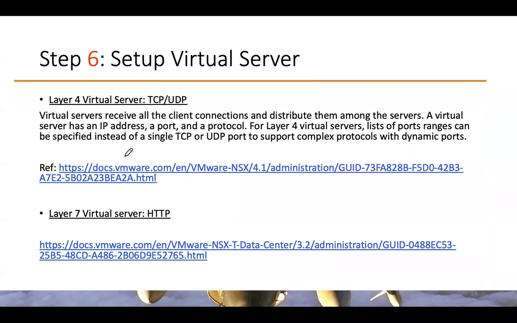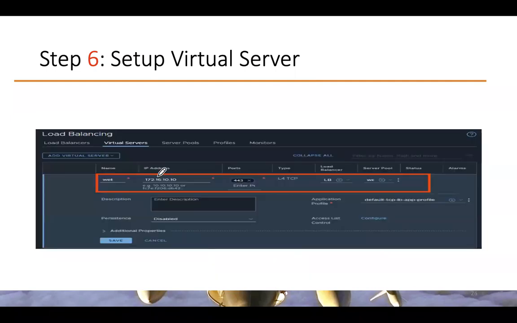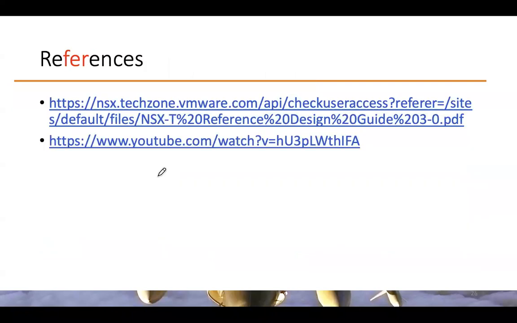I've given some more details of where you can read about where to use and where not to use virtual servers for layer 4 and layer 7. So that should be it for this session, guys.